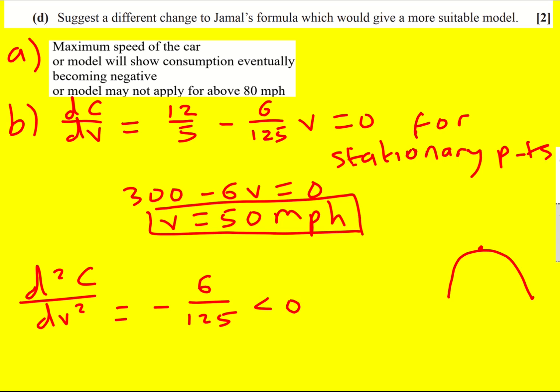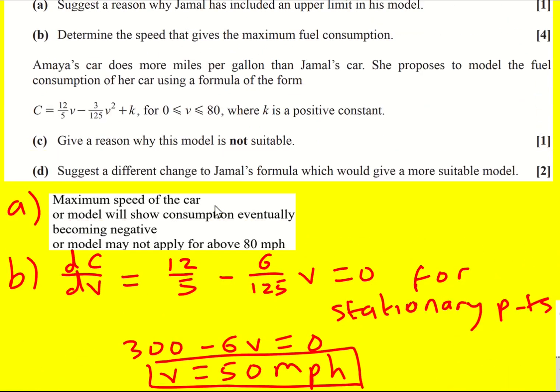That is less than 0, so this is a maximum. Okay, and that's a rigorous way of showing that it's 50 miles an hour, and that's the maximum.